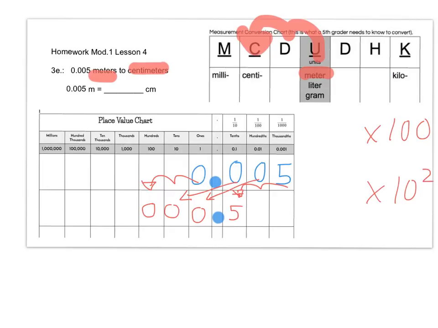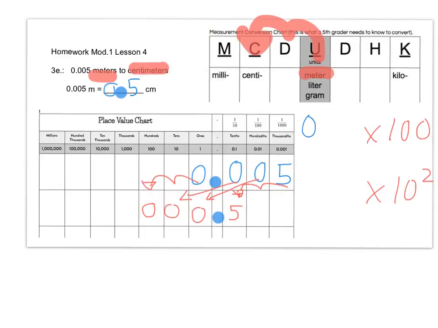So our answer to 3E is 5/10ths, or 0.5 centimeters.